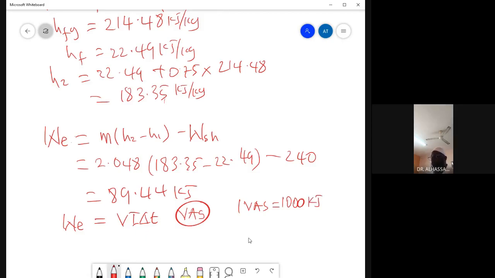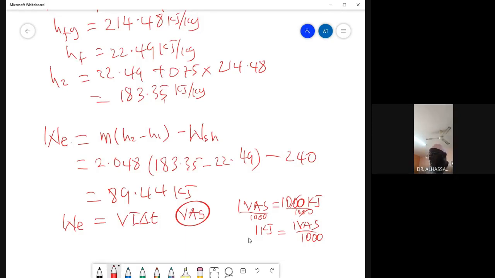So this implies that 1 kilojoules will give us 1 VAS divided by 1,000. I divide both sides by 1,000, so this cancels that.